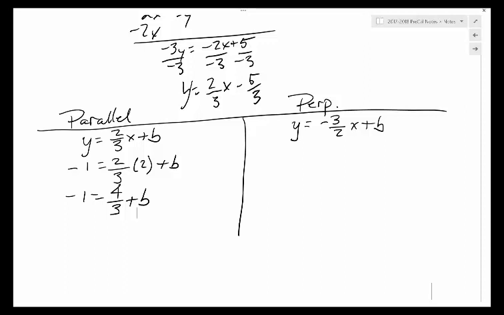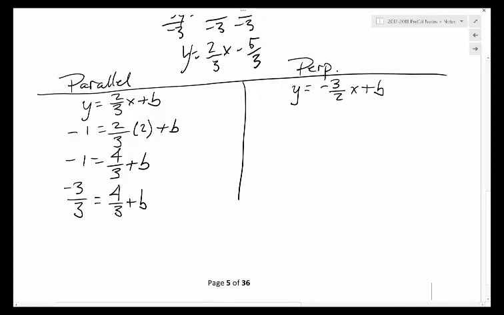So I'm going to take the whole number and make it a fraction that matches the denominator on the other side. It's over 3, so -1 becomes -3/3. So I have -3/3 equals 4/3 plus b.